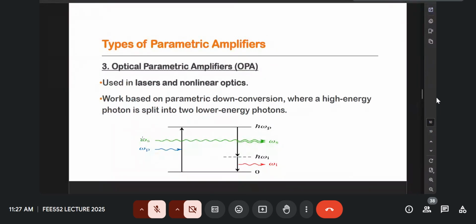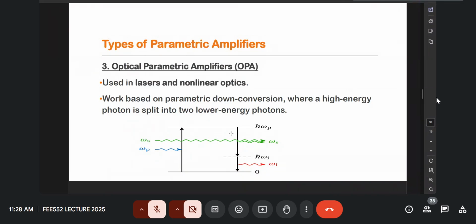As I said, we want to amplify the input signal by energy transfer. You also remember the relationship that omega p must be equal to omega s plus omega i, or fp should be equal to fs plus fi. You can see that our input signal omega s, when it reaches this other end of the diagram, is magnified.